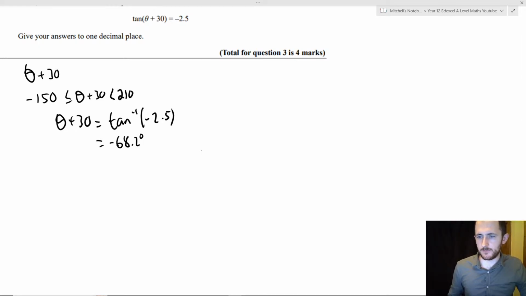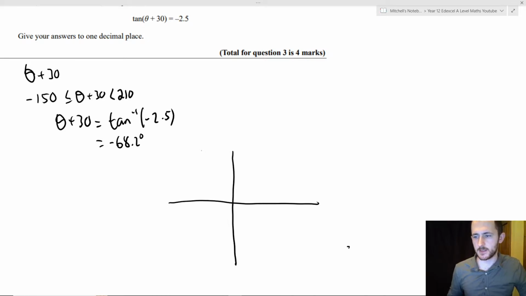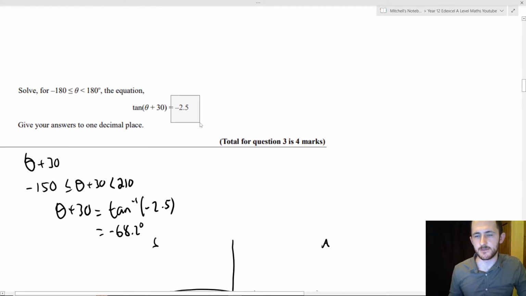Okay. So now, let's draw this. It's a negative number, so we're actually going to go clockwise instead of anti-clockwise, so this is where that will be. And the other section, so keep in mind, our value is negative.